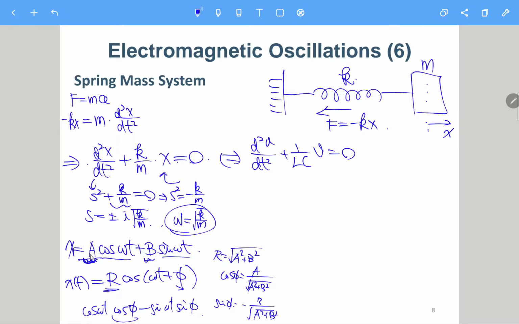You have two independent variables A and B here, and two independent variables R and phi here. Similarly, you can just make this 0, and this is just a simple harmonic motion.